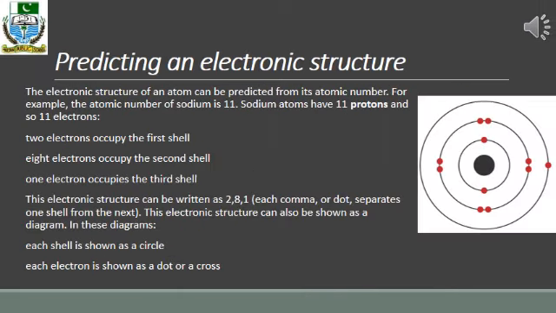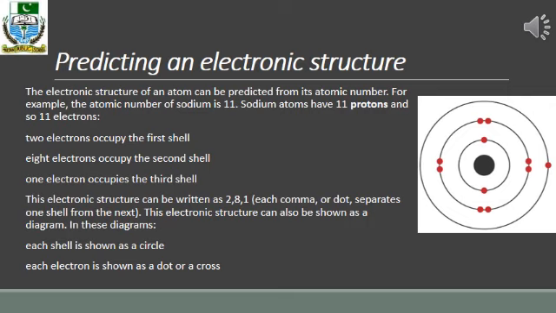Now let us see another example of how electronic structure can be predicted. The electronic structure of an atom can be predicted from its atomic number. For example, the atomic number of sodium is 11. A sodium atom has 11 protons and 11 electrons.